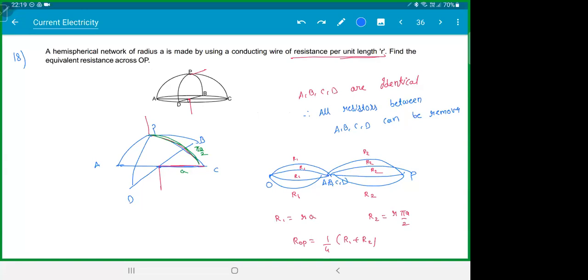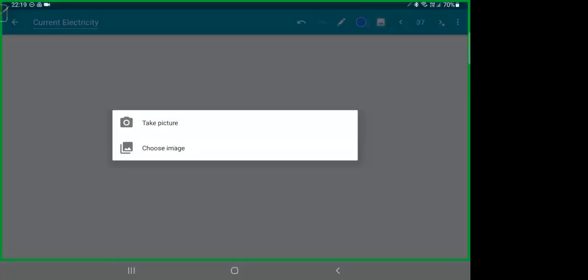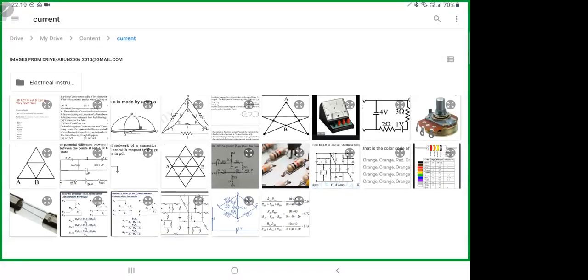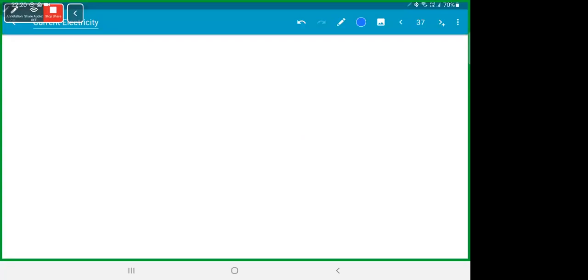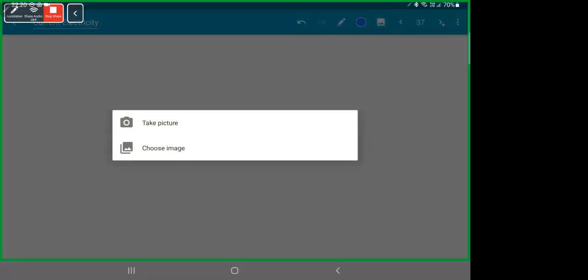Clear, everyone? Next one. So that was some circuits, series, parallel and so on. Then we have something that is being asked a lot nowadays: color coding.